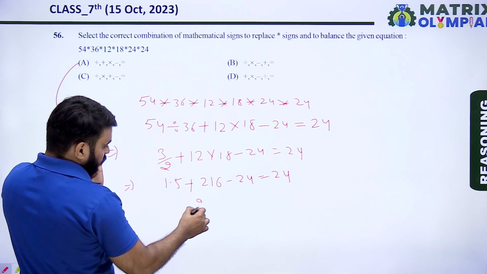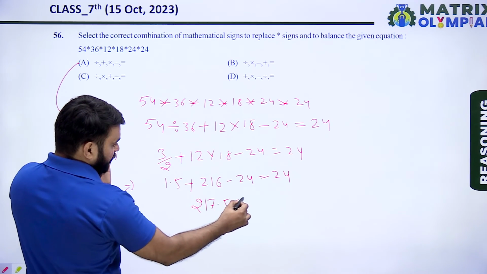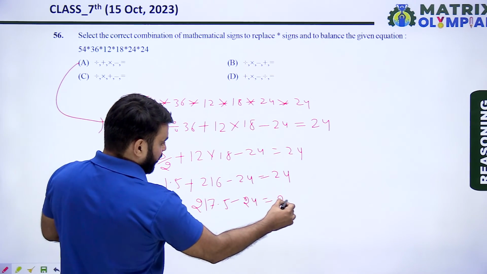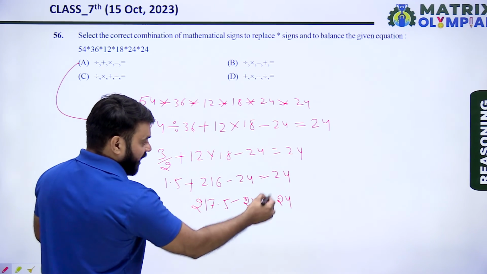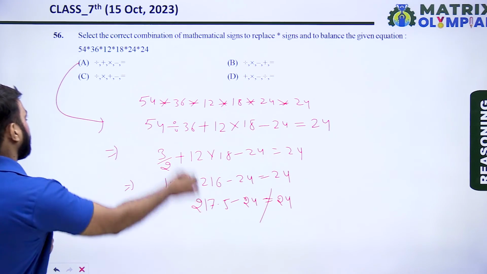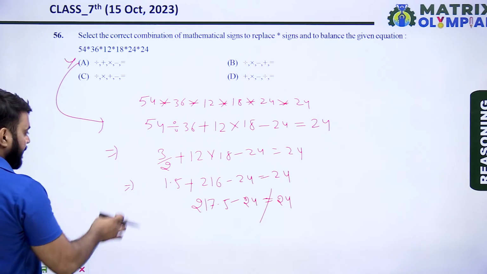So 217.5 minus 24 is equals to 24. So 217.5 minus 24 never equals 24. It means option A is the incorrect option.